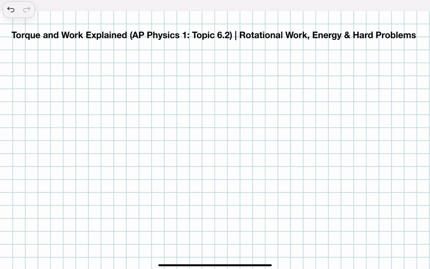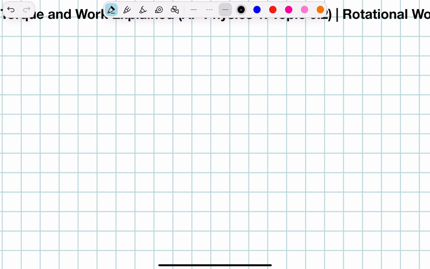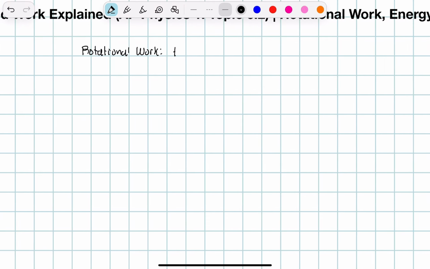So, some non-negotiables for this topic are the topic of rotational work, which is done when torque causes an object to rotate through an angle.